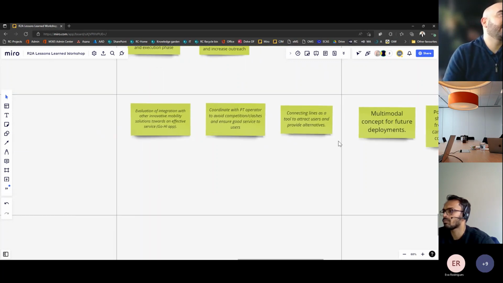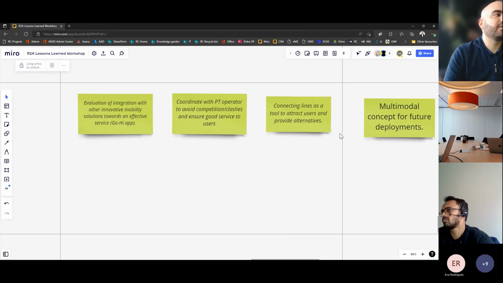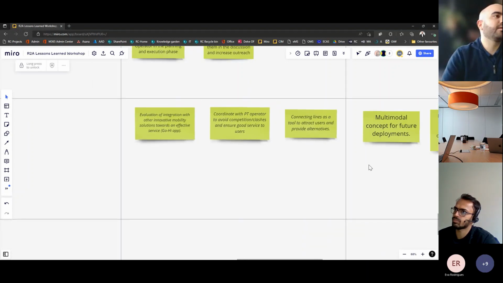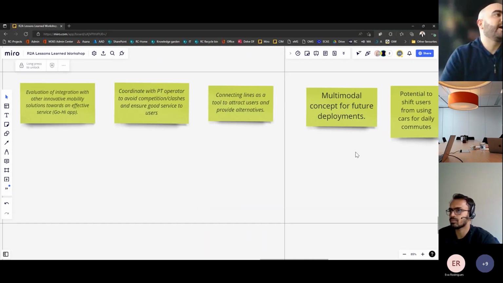And then connecting lines or specific interest points to attract users and provide alternatives. So that goes into route selection, of course, in terms of prioritizing the user need to make sure that it's well integrated with public transport.